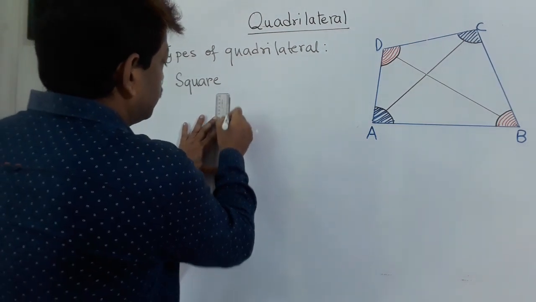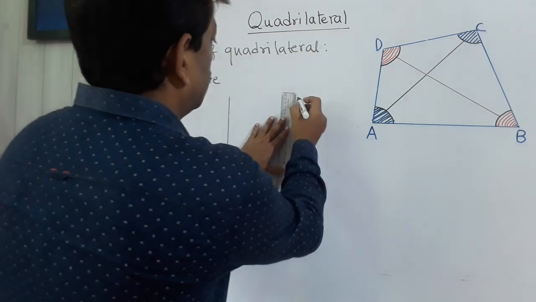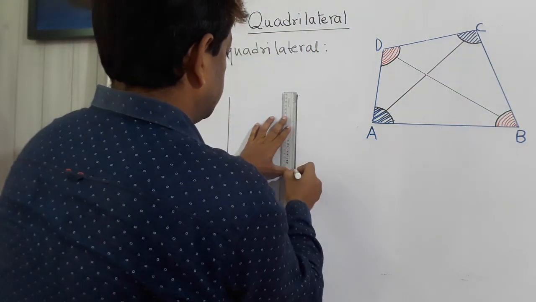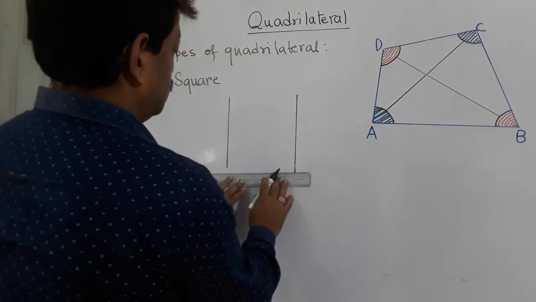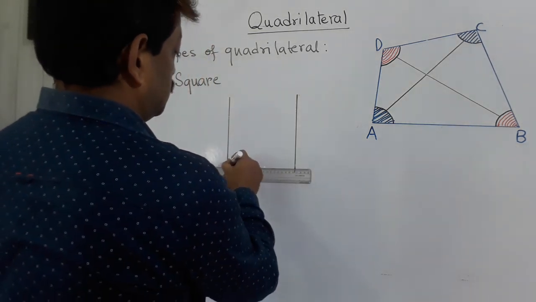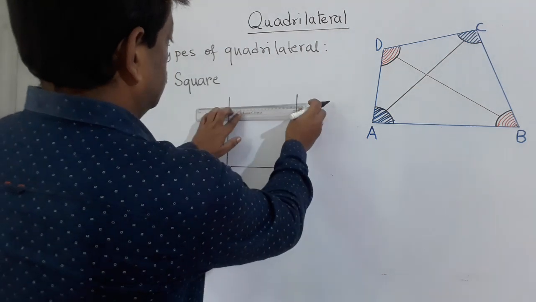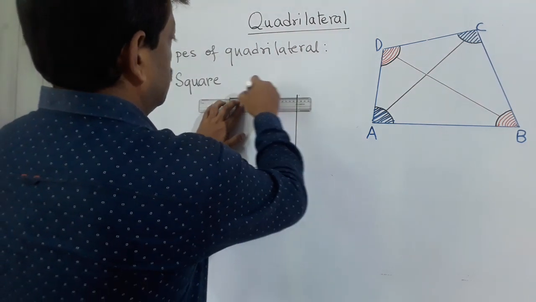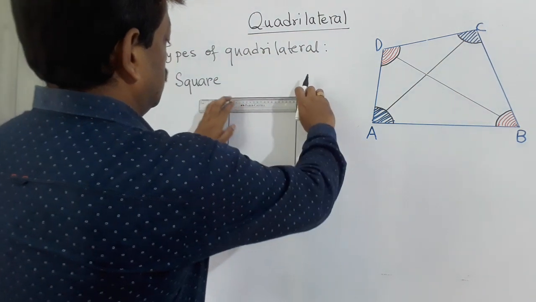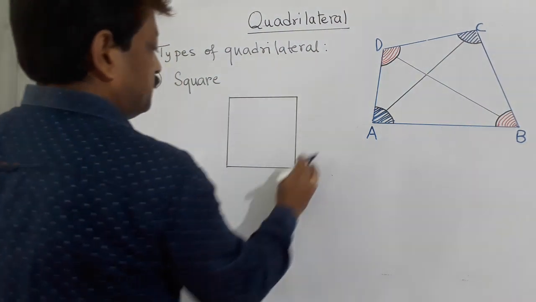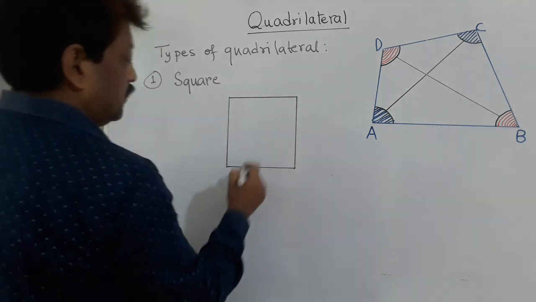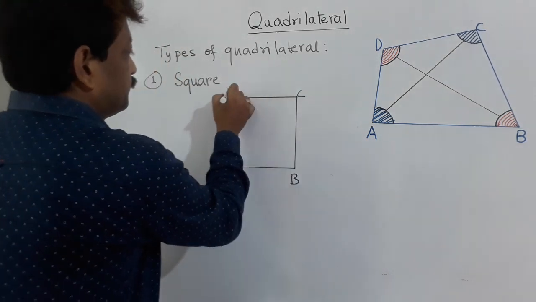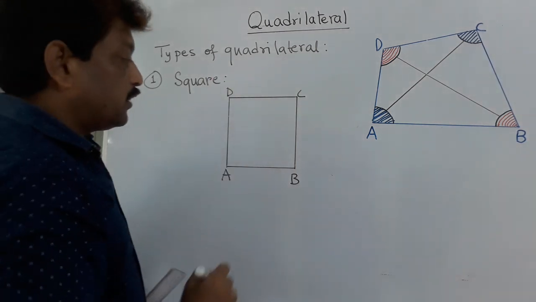So here ABCD is a square. It is a type of quadrilateral.